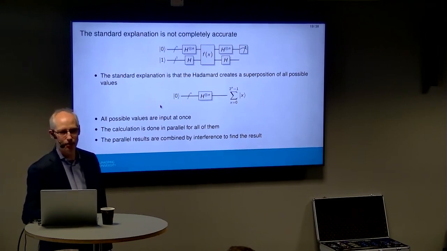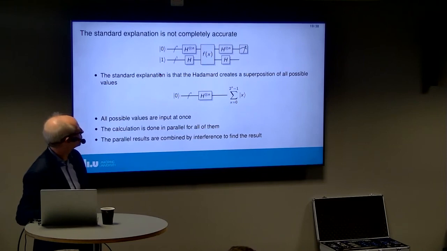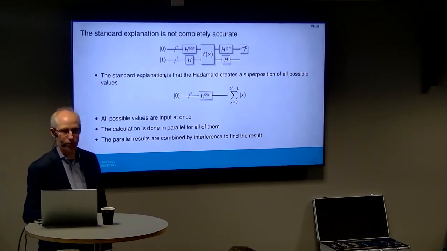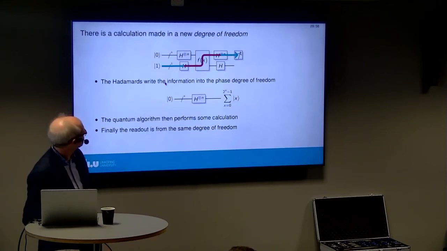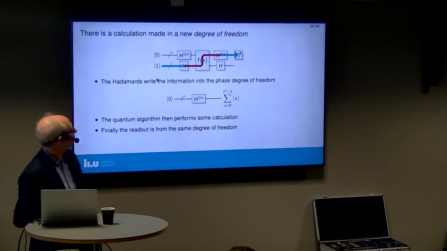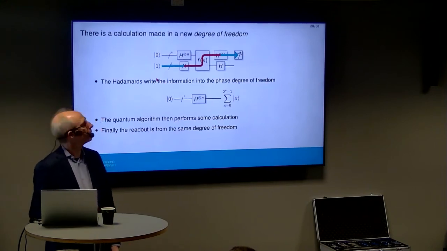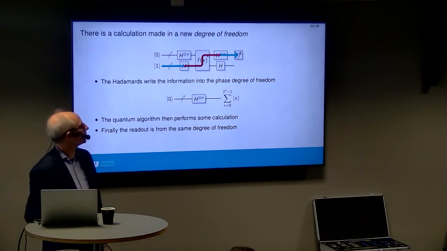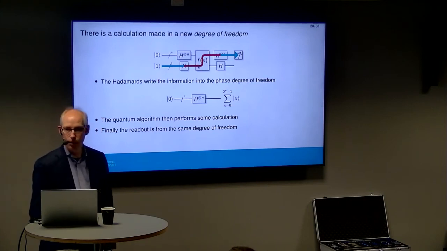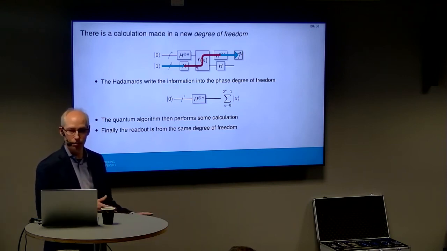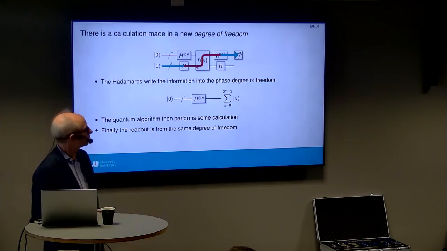It is crucial, but it's actually not part of the explanation. So what I would say is that there's a calculation made in this phase degree of freedom. Your quantum computer realizes this computation, and that's what gives you the structure and the information that you want to extract from the function.